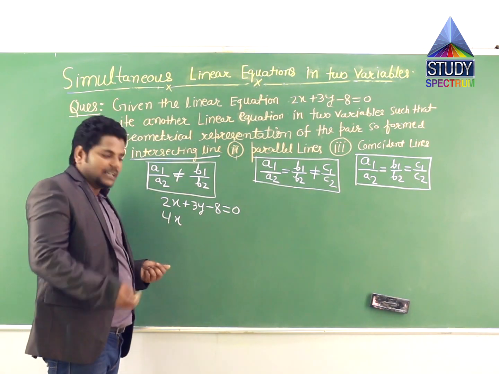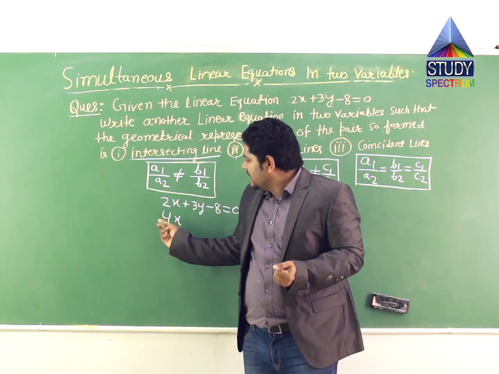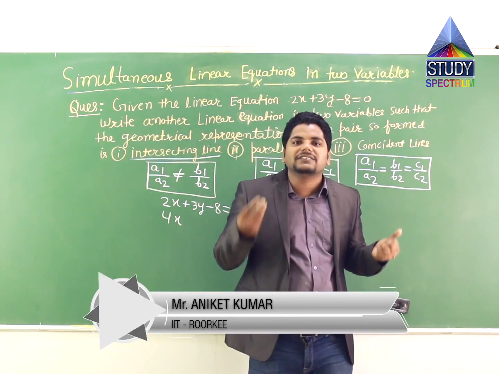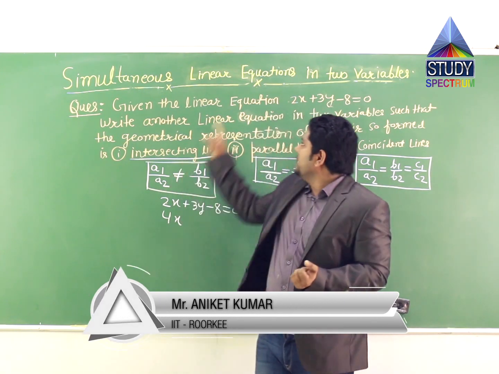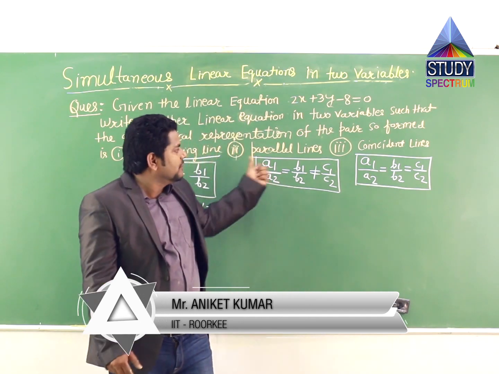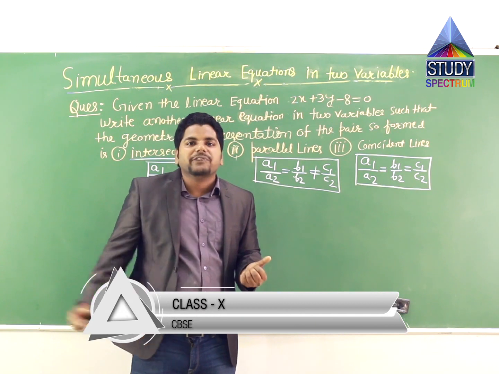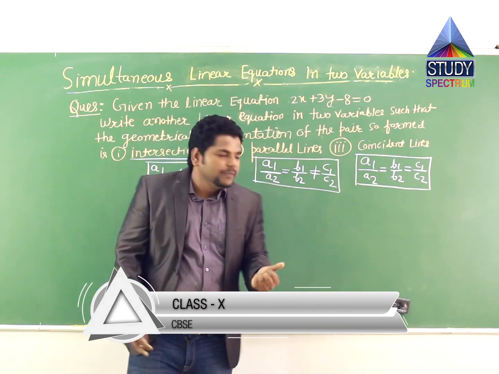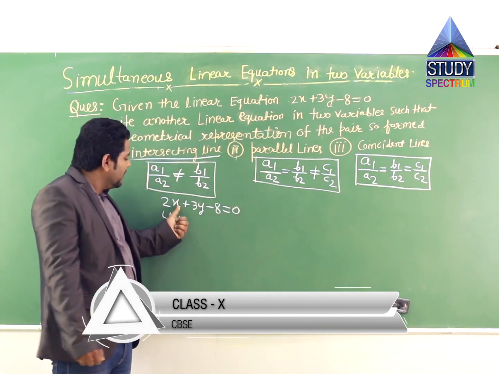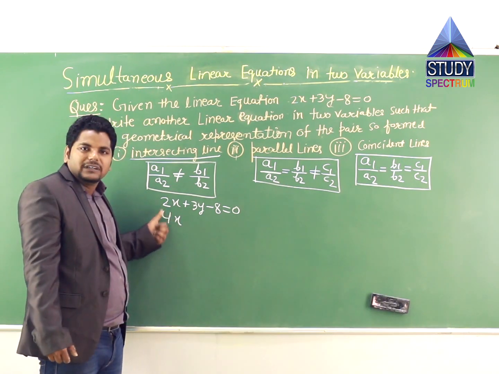I have already told you that you can write an infinite number of lines to make the new line intersecting, parallel or coincident, but here we are writing only one. By our own discretion we have written 2 by 4 is 1 by 2.